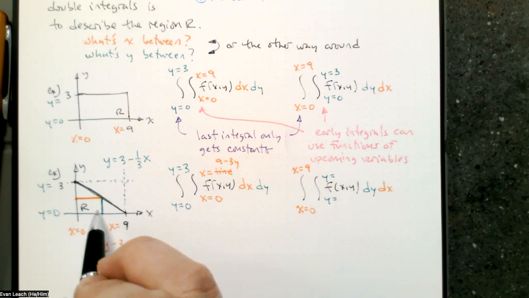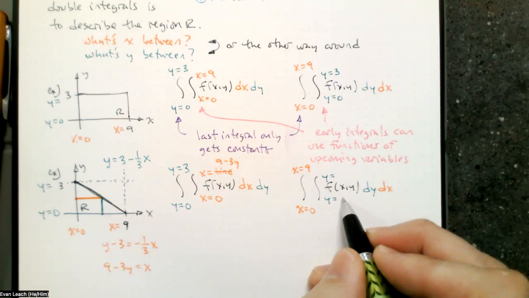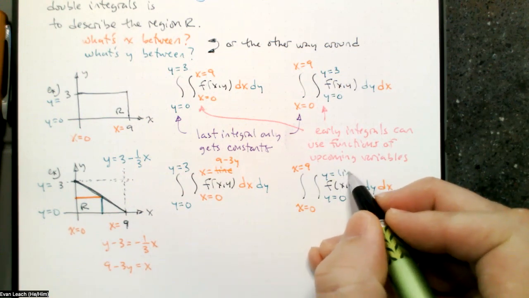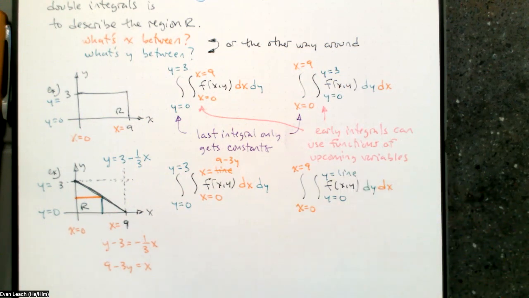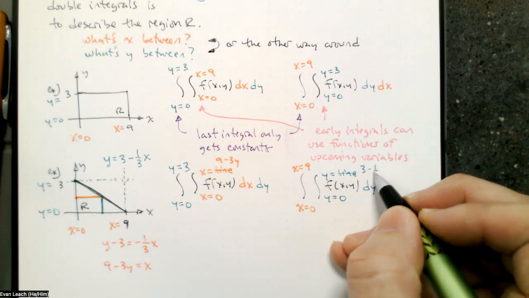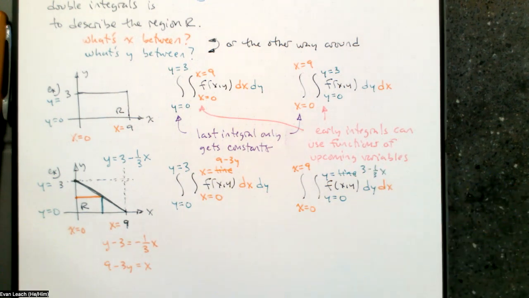For this random x value, y starts off at 0 and ends at the line. Here we can use the description for the line 3 minus 1/3 x, because that's a y equals description of the line. So the line we can just replace with 3 minus 1/3 x.